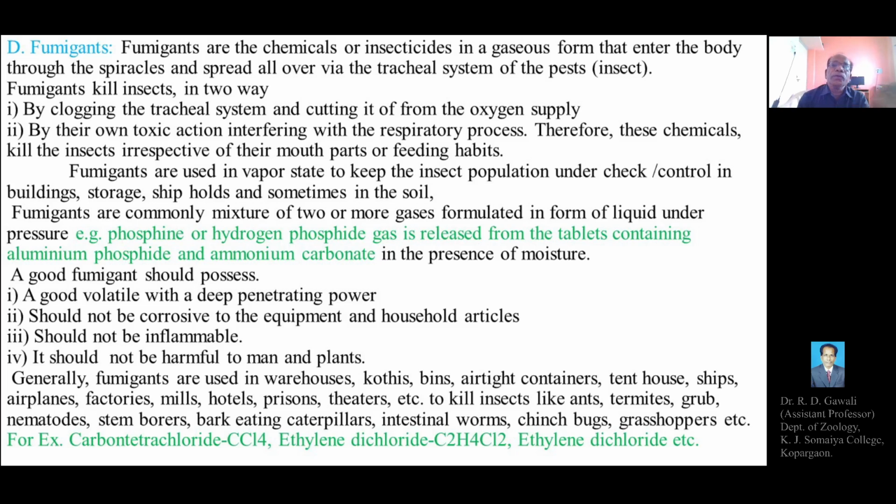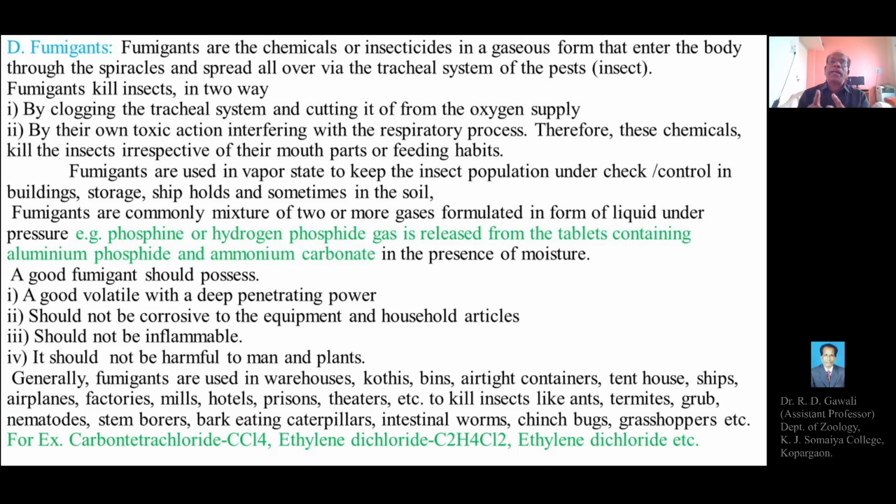So we cannot use fumigants for the control of crop pests in an open atmosphere, or treat crop plants grown in the agricultural fields. Fumigants can be used only for the control of pests of stored grains.